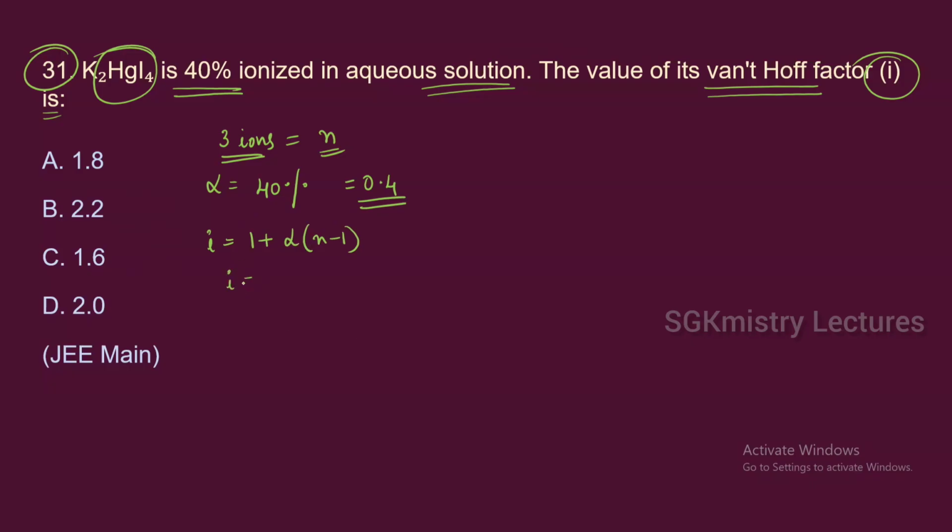So while substituting, we have i is equal to 1 plus alpha, which is 0.4, into n, which is 3, minus 1. So we have 1 plus 0.4 into 2, which is nothing but 0.8. So 1 plus 0.8 will give you 1.8. So we have option A as the right answer.